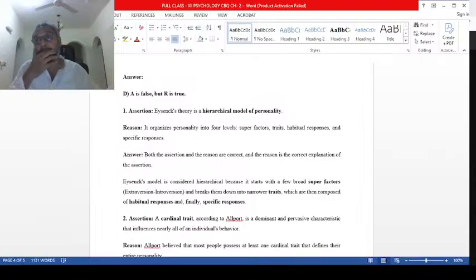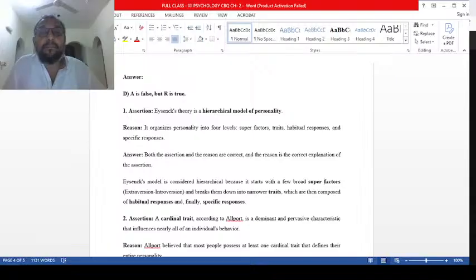We have Eysenck's theory: the first one, neuroticism versus emotional stability, extraversion versus introversion, psychoticism versus sociability. Like this way the theory is a hierarchical model of personality.